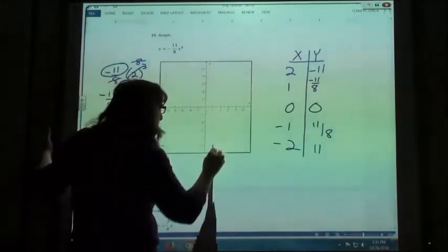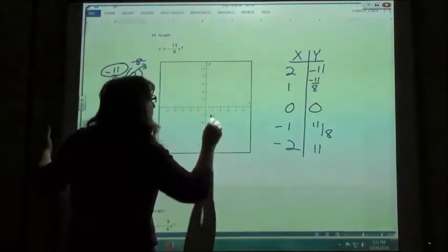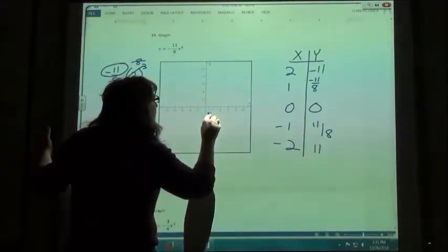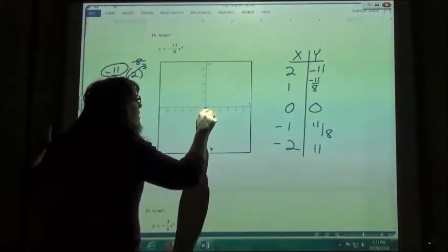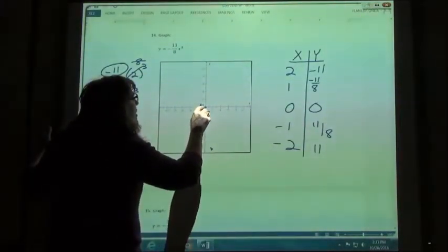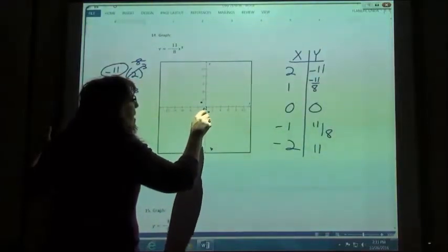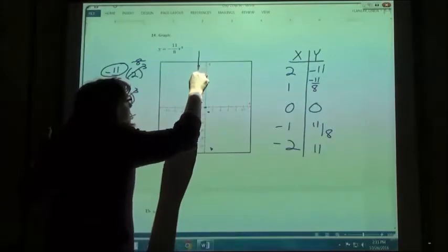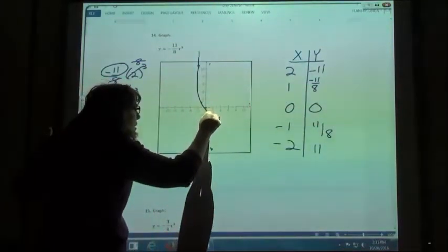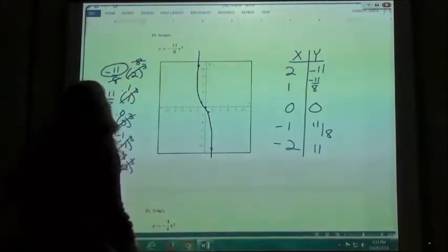So 2, negative 11. 1 is at negative 11/8, which is just a little lower than negative 1. 0, 0. Negative 1 is at a positive 11/8, and negative 2 is at a positive 11. So this time my cubic function looks something sort of like that.